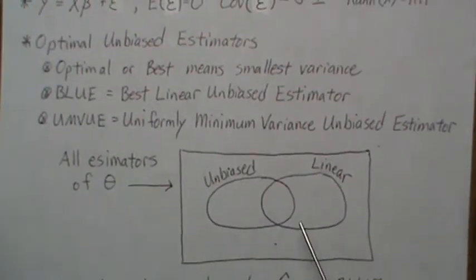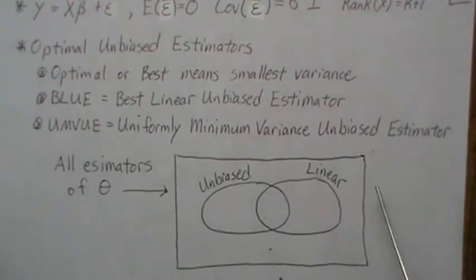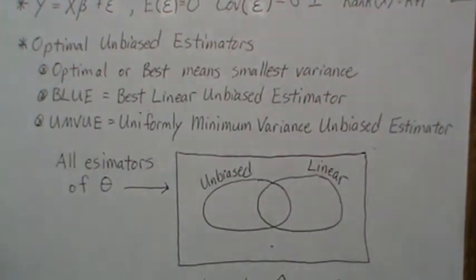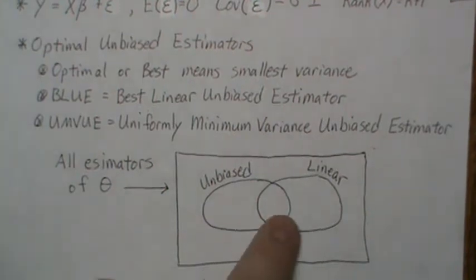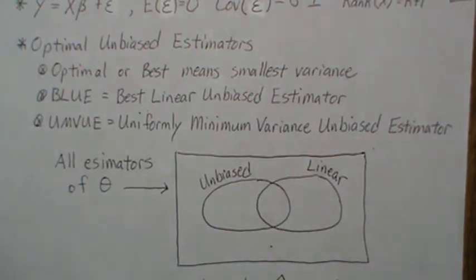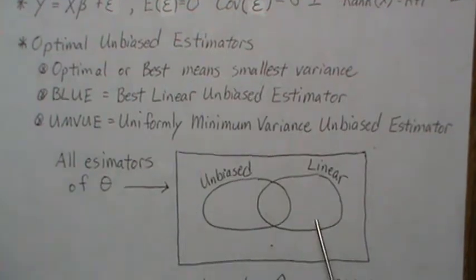Think about it like this. If this is all the estimators of theta, we can group the unbiased ones together, and we can group the linear ones together, and then all other estimators fall out here.